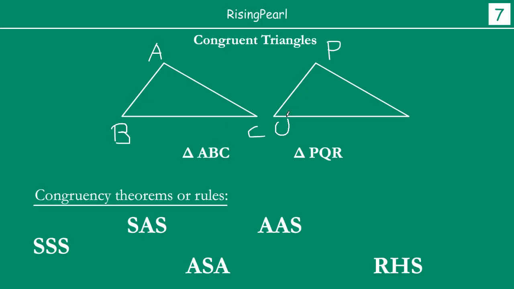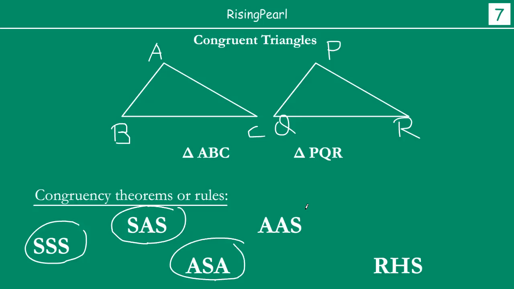We saw in the last class in great detail that if you are given any two triangles and if you see SSS or SAS or ASA or AAS or RHS, where S means side and A is angle, right?